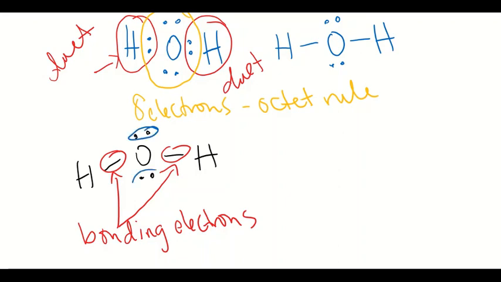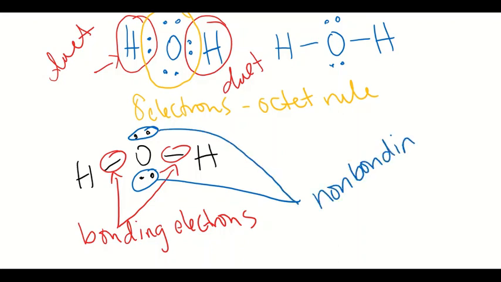And these are non-bonding electrons. So this is going to be really important when we start talking about three-dimensional shape. You'll have to be able to look at this and figure out how many bonding groups there are and how many lone pairs there are, because that's going to tell you what the overall shape is going to be.